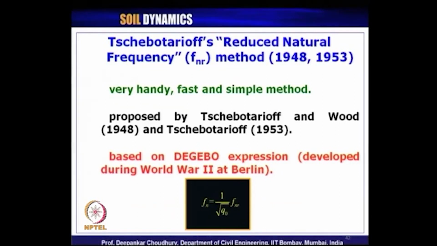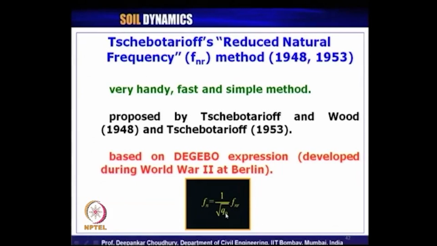How is this done? In this expression, f n is nothing but the natural frequency of the machine plus foundation system. Remember, this is f, not omega. Omega is circular natural frequency. Okay? So, you need to convert when you are doing this analysis.